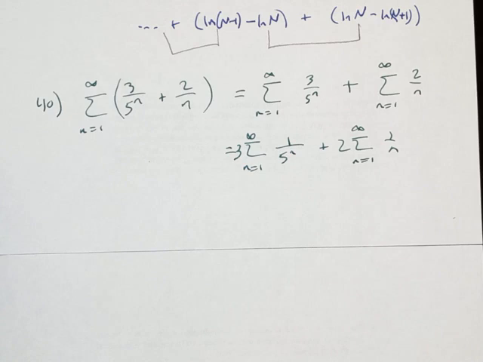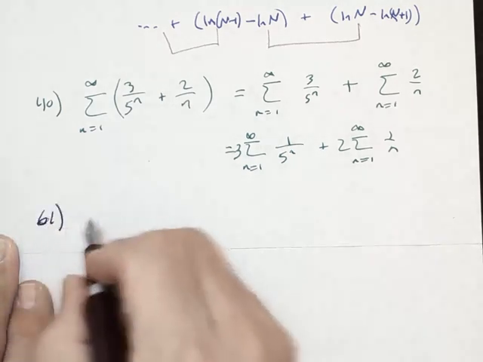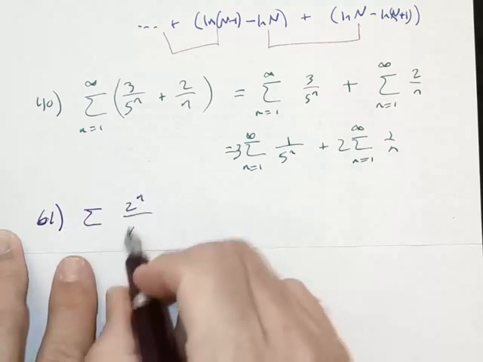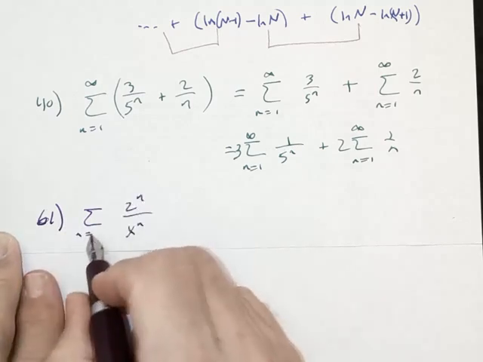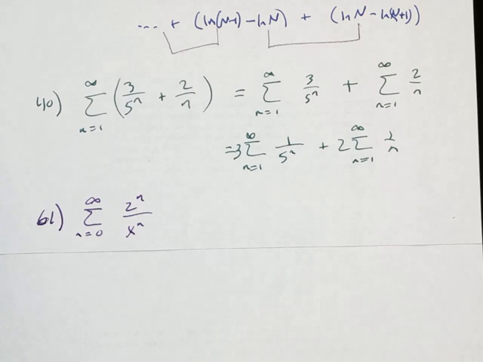Which would you rather I do? Okay, so 61 asks me to look at 2 to the n over x to the n, and n goes from 0 to infinity. Dom, I'm going to play the same fraction trick. What do I do?